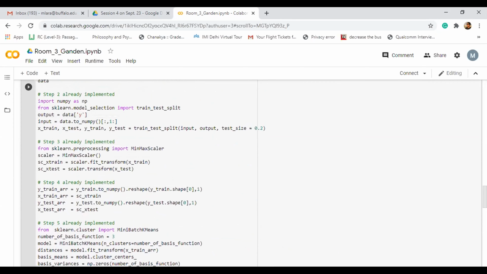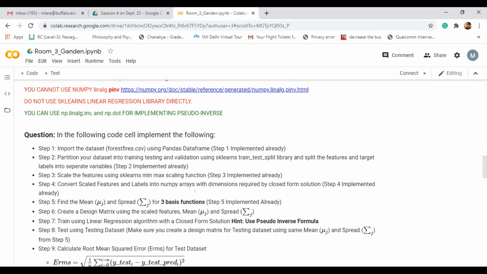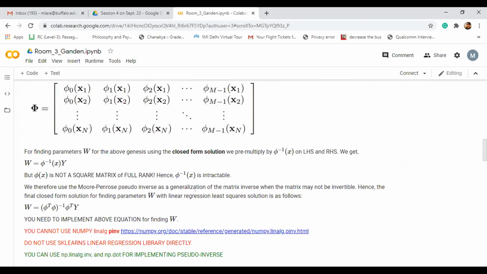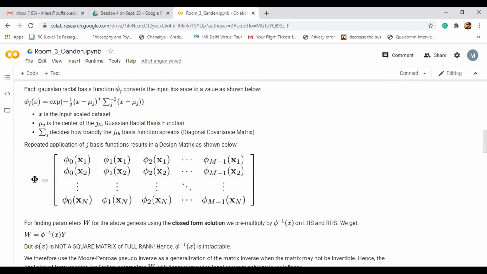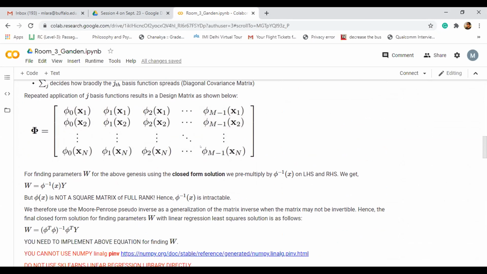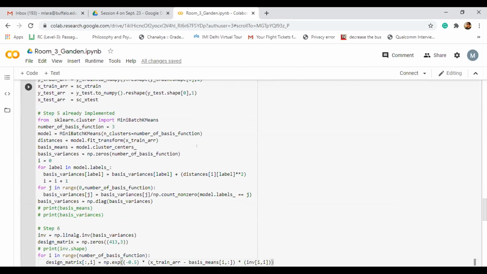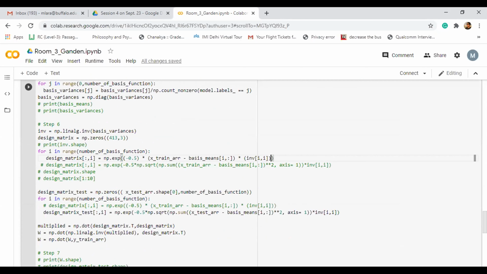One second. This mu transpose and so within the formula is x minus mu transpose into covariance matrix, right?